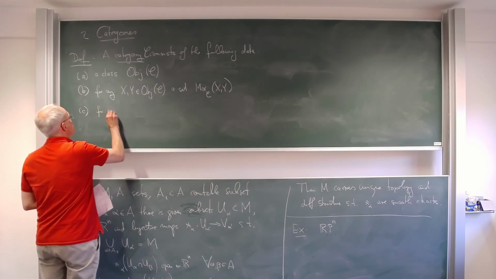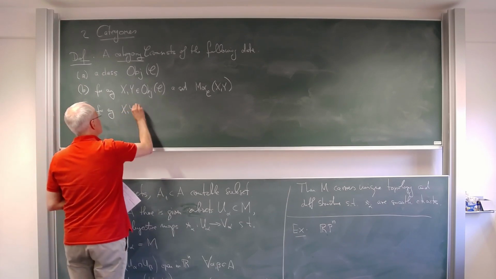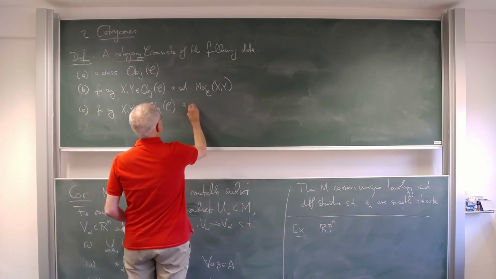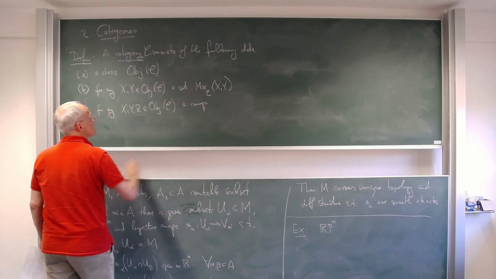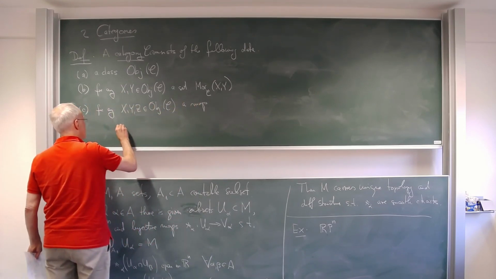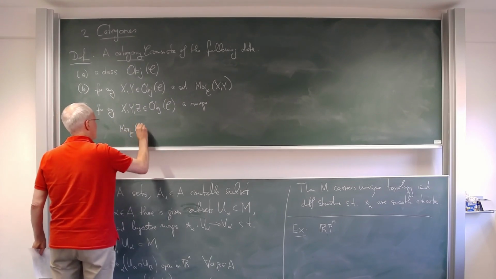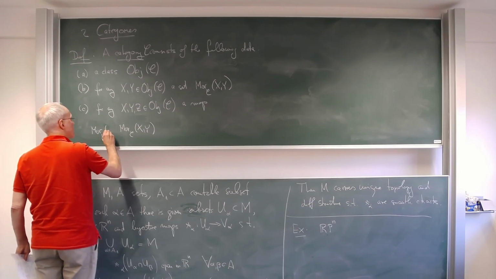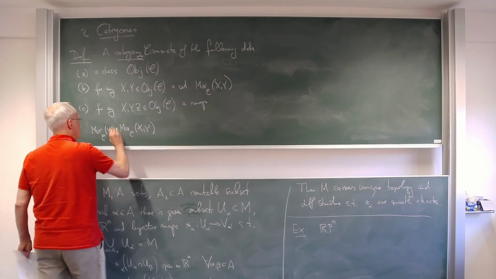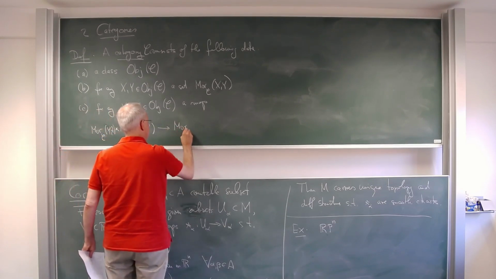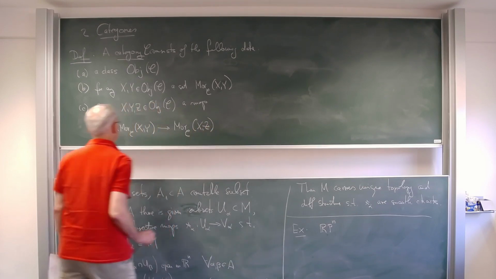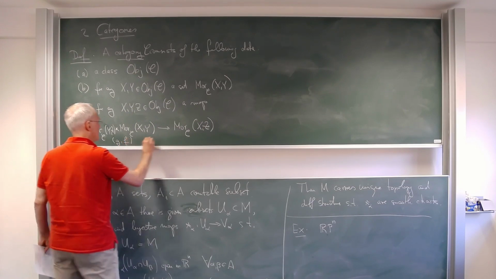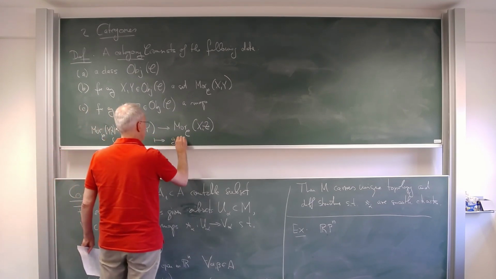So for any X, Y, and Z, I am given a map taking an element here and an element here, giving me an element in here, which is denoted by, well, we call this G and this element F, and this is being mapped to G circle F.